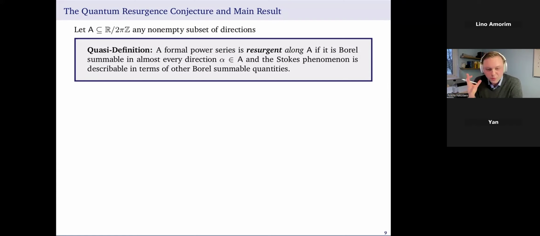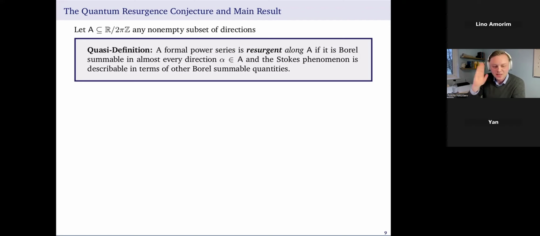A formal power series is resurgent, or resurgent in a specified number of directions, if several things are true. Your Borel transform is convergent, you have analytic continuation in that direction, and the Laplace transform is well defined.